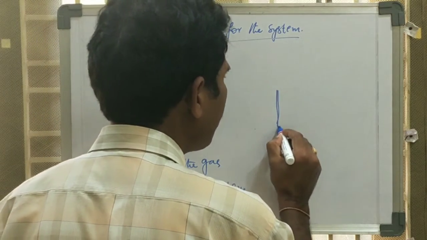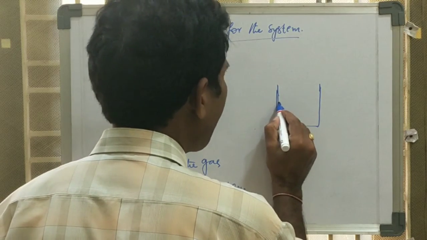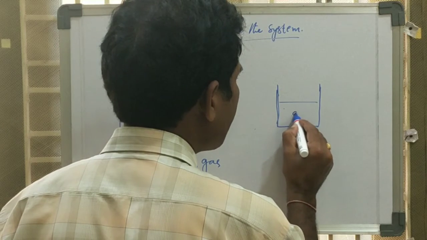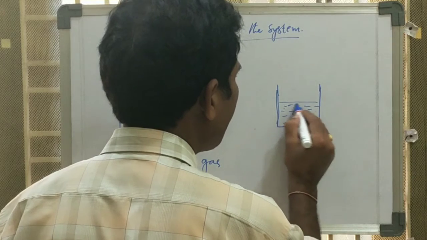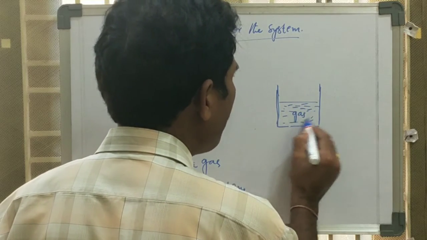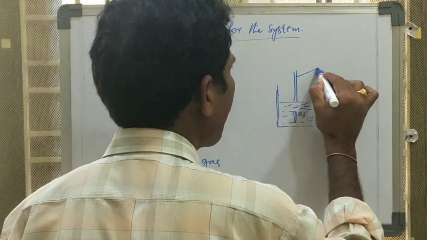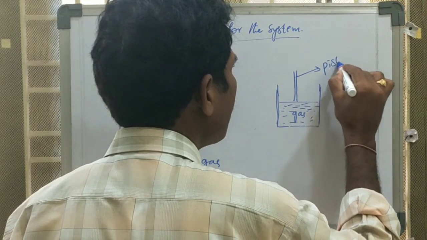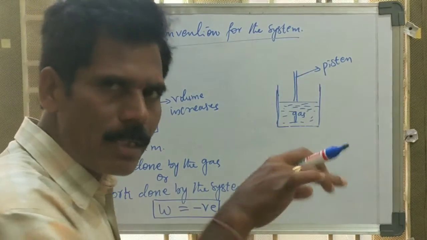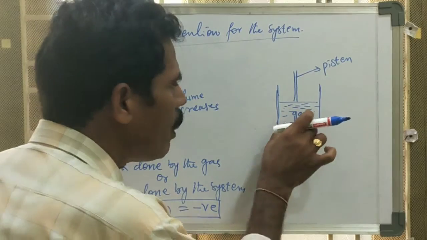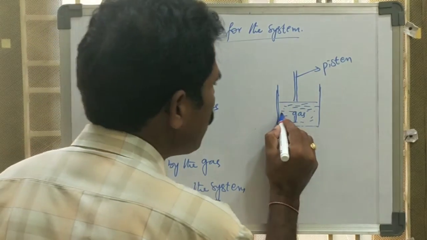Here, this is a system. Up to here, you have to take the gas. If you arrange a piston over the gas, this is the piston. The piston exerts the pressure, then the volume will slowly decrease.